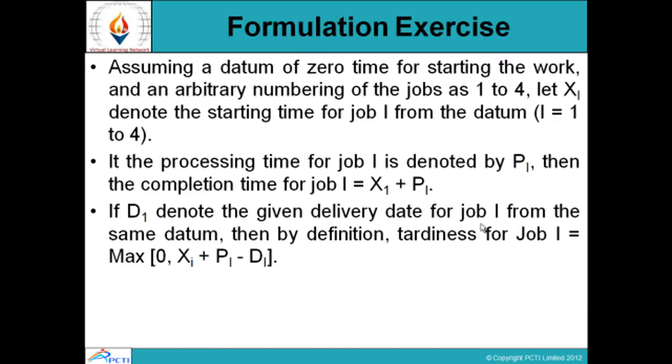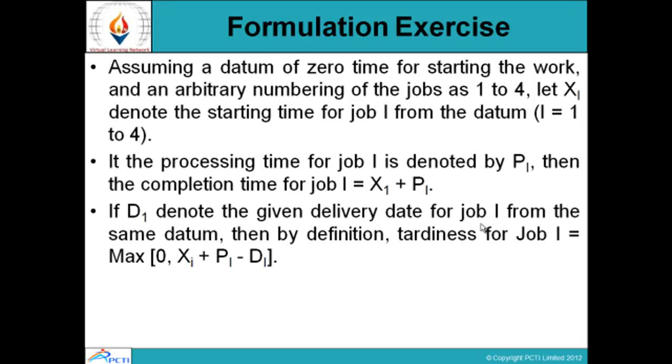In our formulation exercise, assuming a datum of 0 time for starting the work and an arbitrary numbering of the jobs as 1 to 4, let xi denote the starting time for job i from the datum, i equal to 1 to 4. If the processing time for job i is denoted by pi, then the completion time for job i equals xi plus pi.